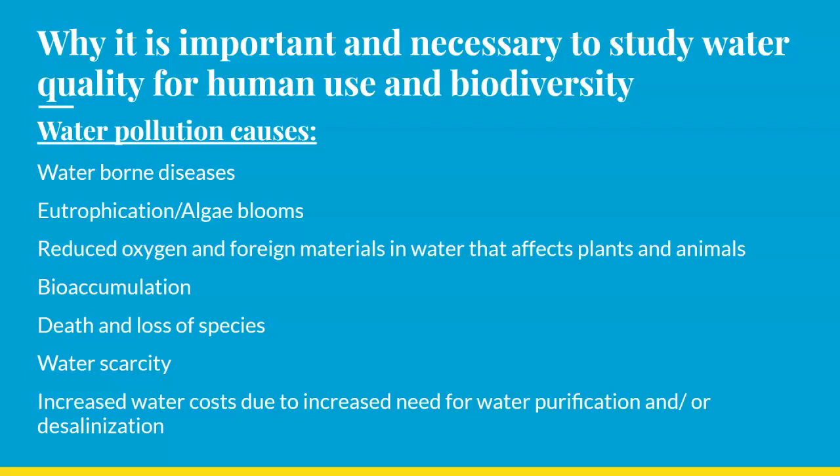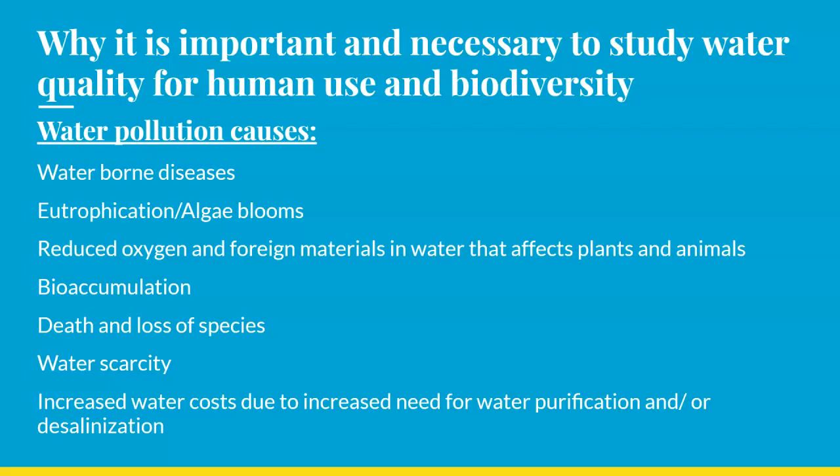Also, bioaccumulation is when lower organisms on the food chain that are contaminated with chemicals are consumed by organisms higher on the food chain, and then it just keeps going up and accumulates in the food chain as the higher organisms feed on the lower organisms.